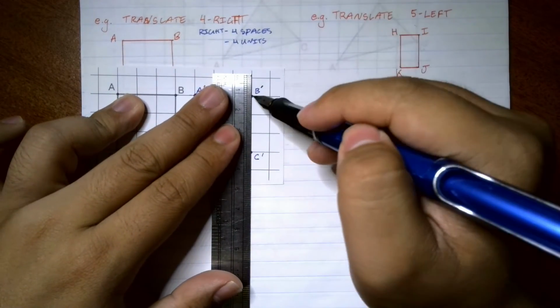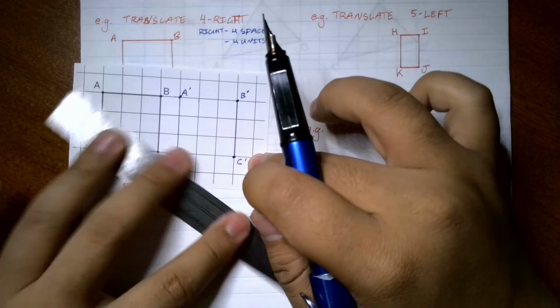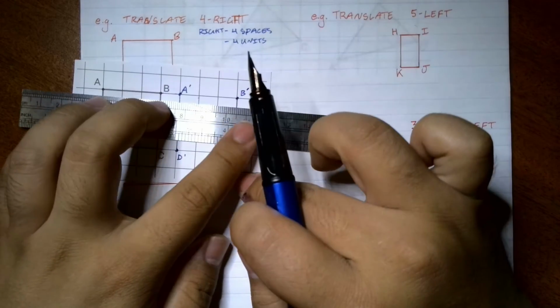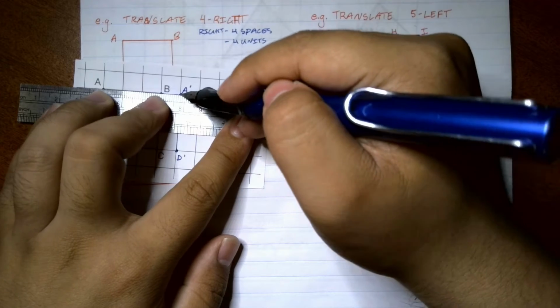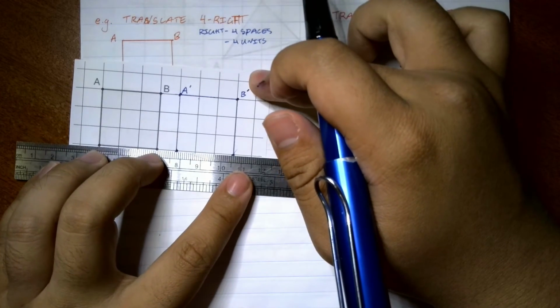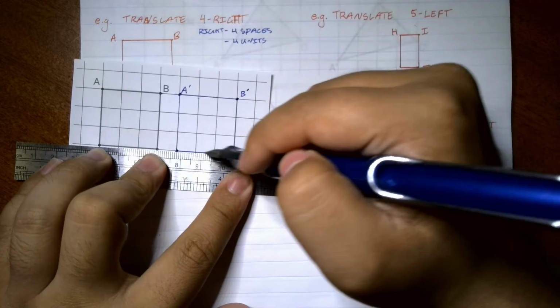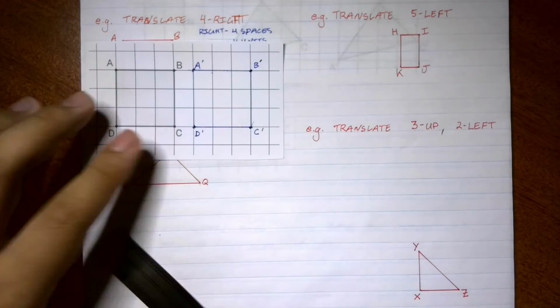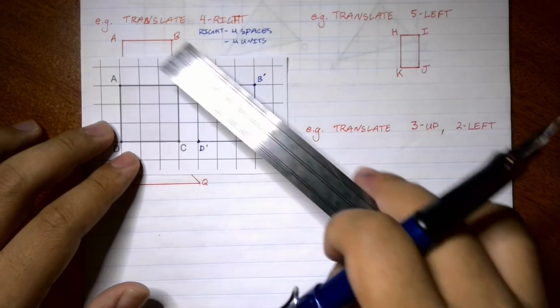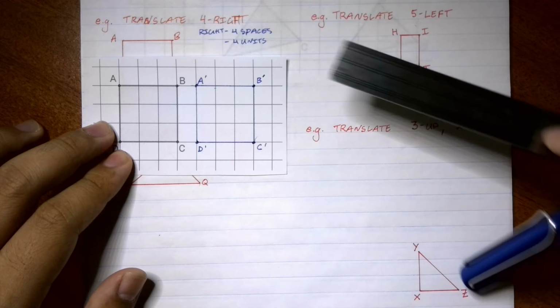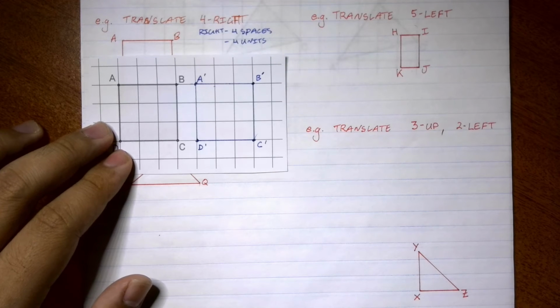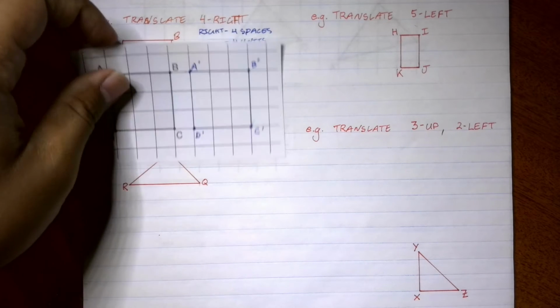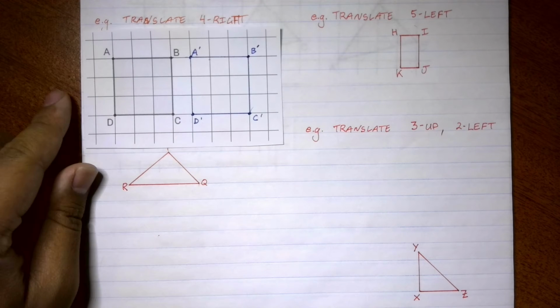There we go. And once we've joined these points, we would have successfully translated the entire shape 4 spaces right, or we've translated it right 4 spaces. Let's keep going until we get through all these examples. So that's our first example.